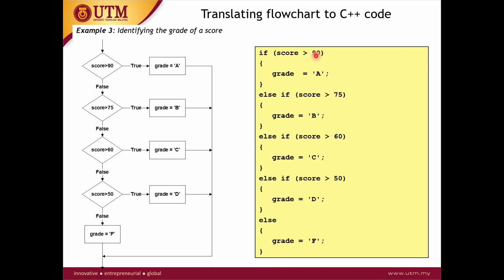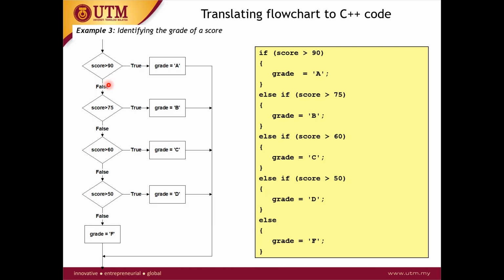So we say if score is greater than 90, grade equals A. Else if the score is greater than 71, grade equals B. Else if the score is greater than 60, the grade is going to be C. Else if the score is greater than 50, grade equals D. This one is very important: we don't have any other condition, so instead of the false, we are just writing else, so the grade is going to be F.